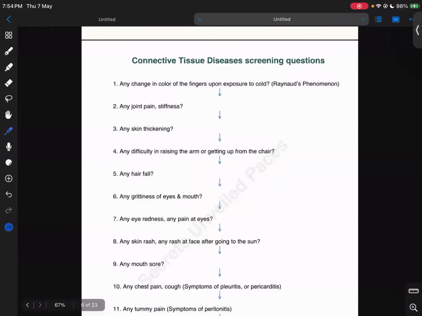Another thing is that in the physical examination video, you'll see that in any case of Raynaud's phenomenon, you have to offer bedside capillaroscopy during physical examination. If you don't offer it, marks will be cut. That has happened at Kochi Center and multiple other centers.